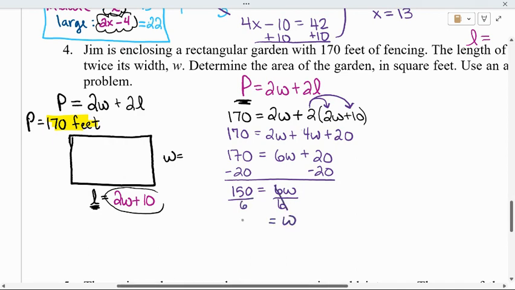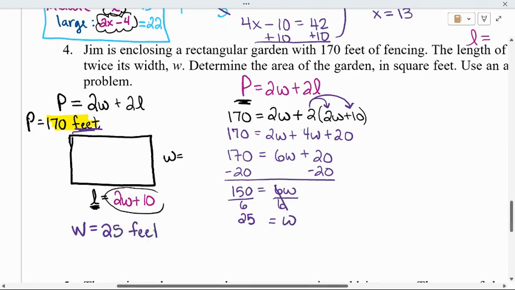So my width equals what? Marco? I didn't hear. 25 what? Donuts? Peanut butter sandwiches? 25 what? What's the unit? Feet. So my width is 25 feet.